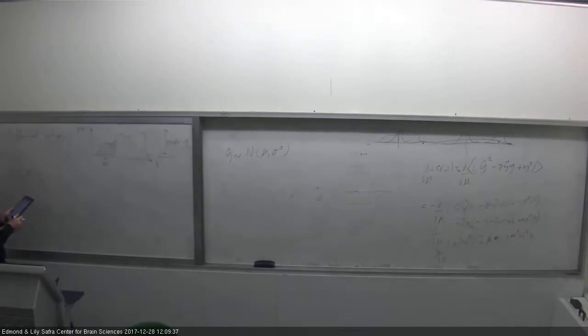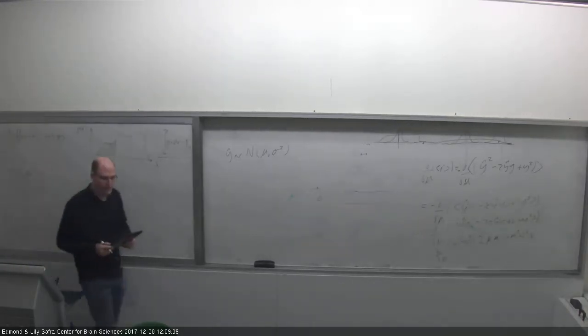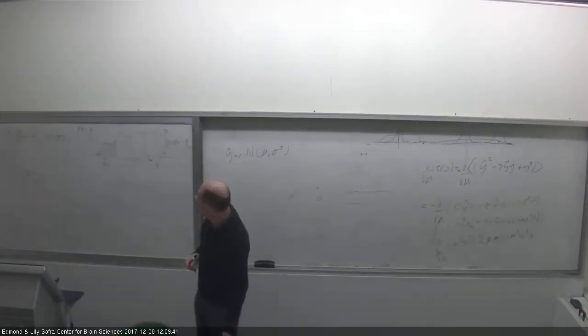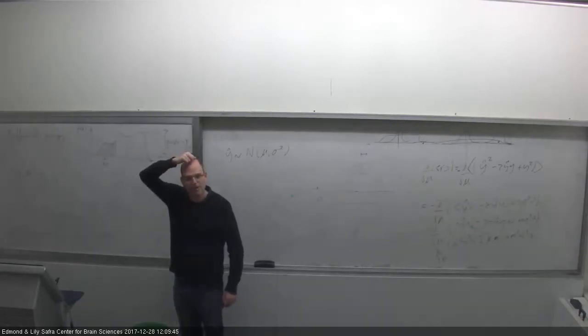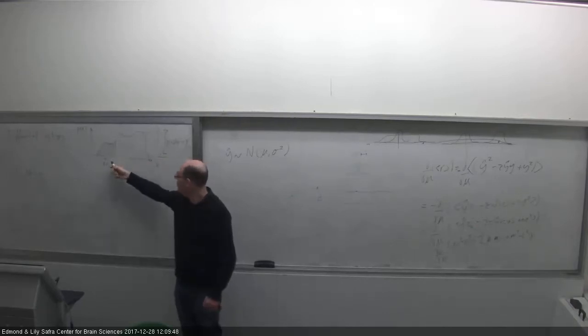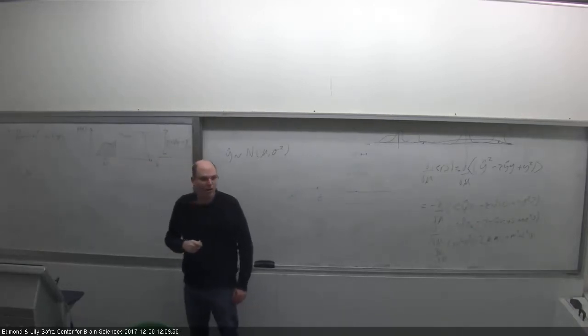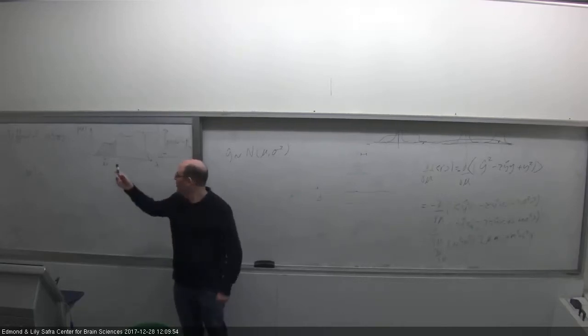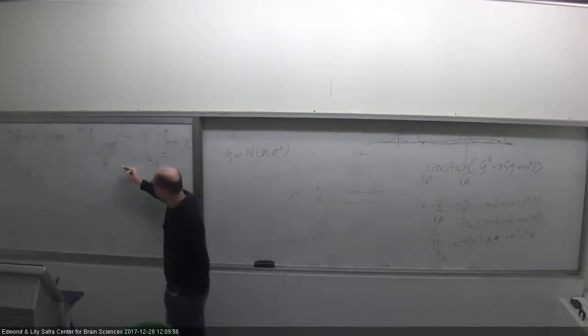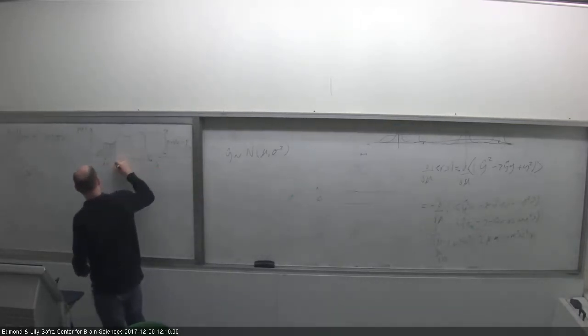But we will use the approximation that if delta x is sufficiently small, then the probability to fall into a specific bin is just a product of the probability density in that bin and delta x. So once delta x is small, the probability to fall here would be p of x times delta x.